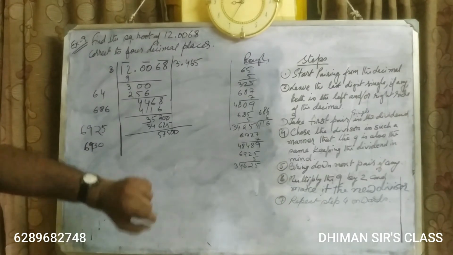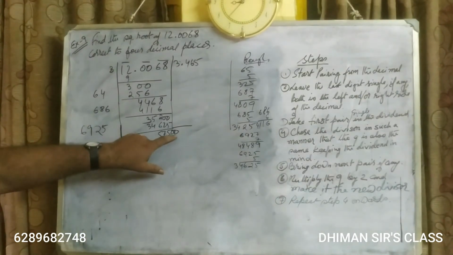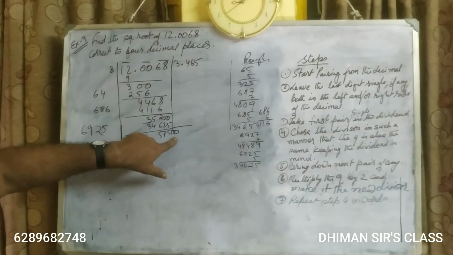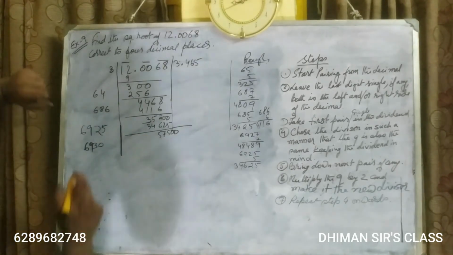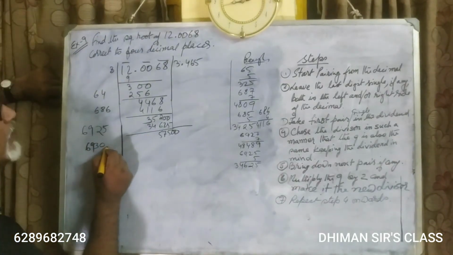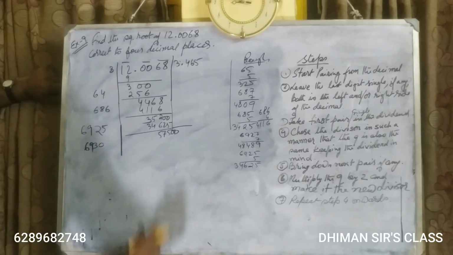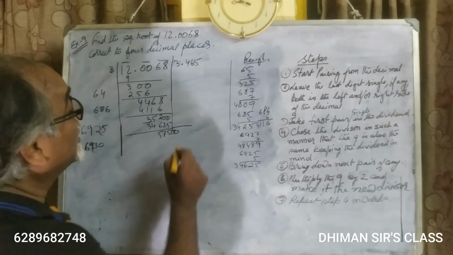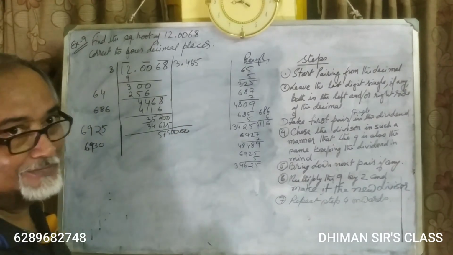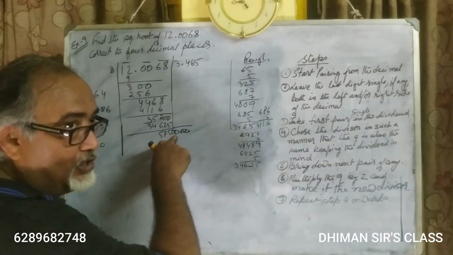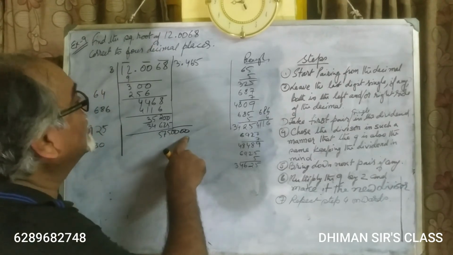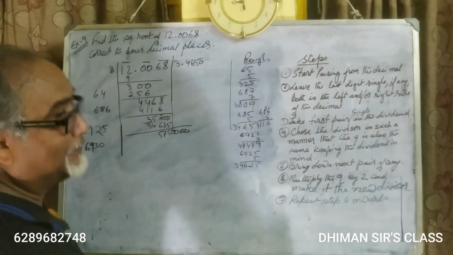Now problem arises, students. This is 57,500 even after giving 2 zeros. Now if we keep 1 also, it becomes more than 57,500. So now we have to give 2 more zeros here. But already 2 zeros we have got. Next pair of zeros we have to bring, so we have to put a zero.